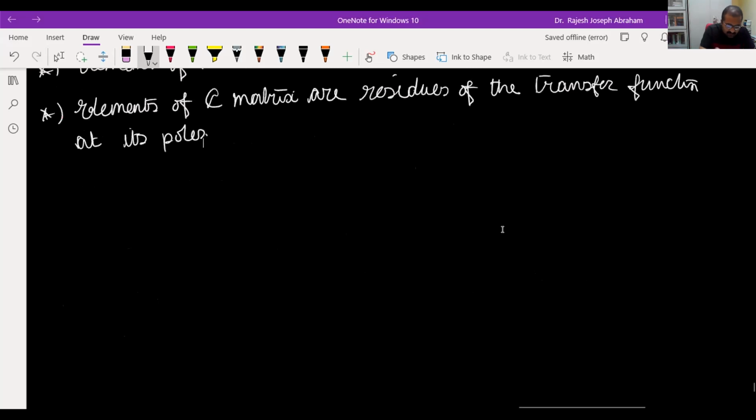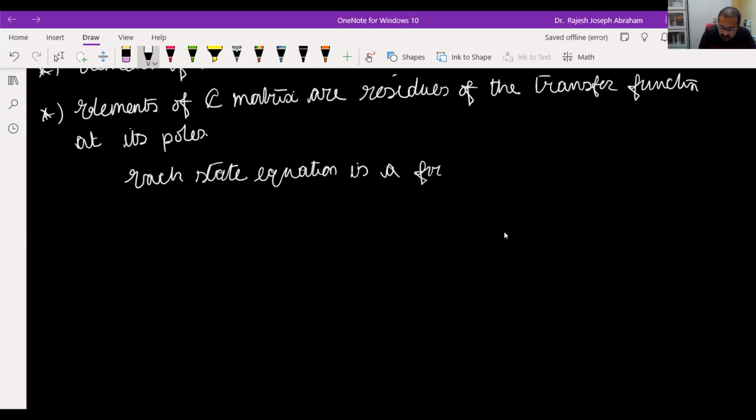So in general, we can say that each state equation is a first order differential equation in only one variable.